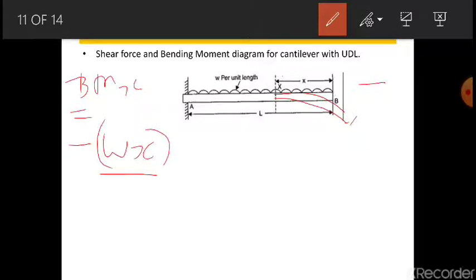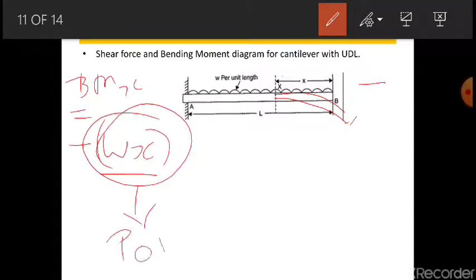It is the unit length, unit force. So you have to multiply it with the distance. Once you multiply W into X, this will become a point load.